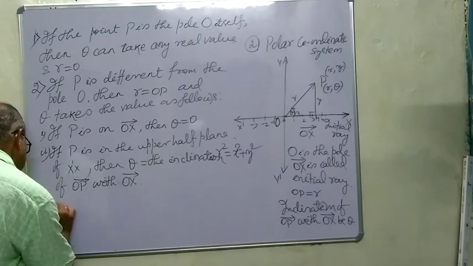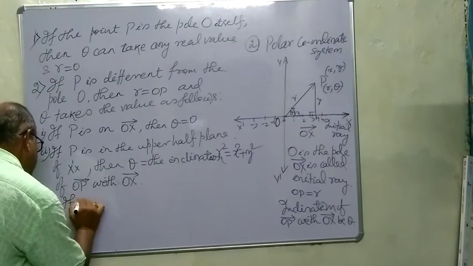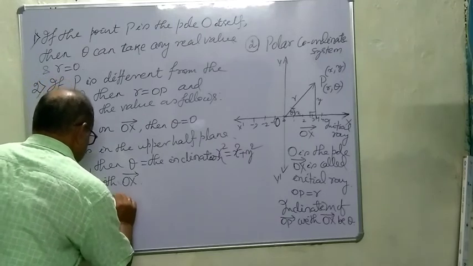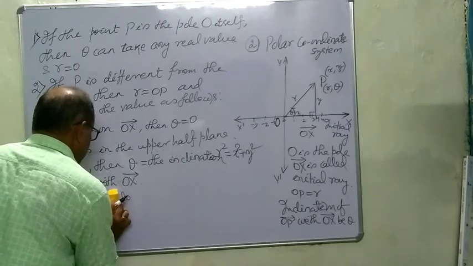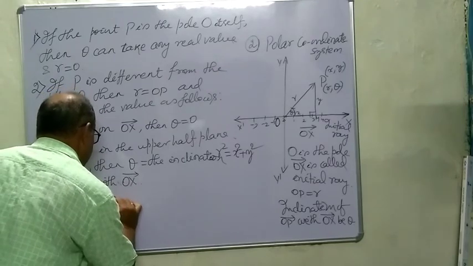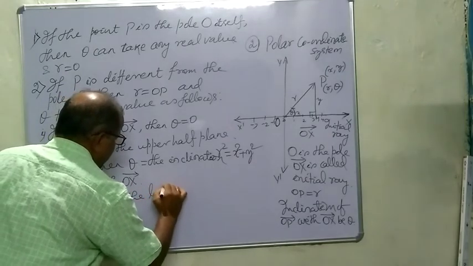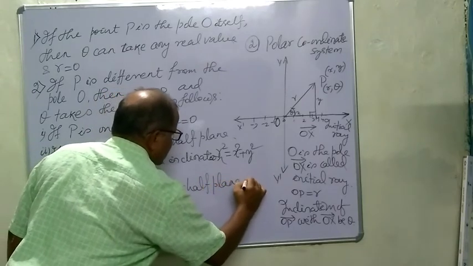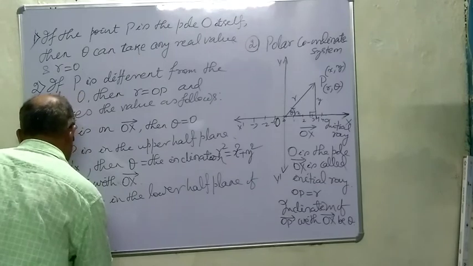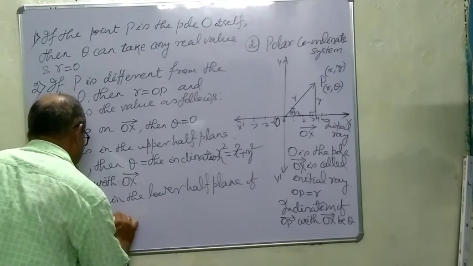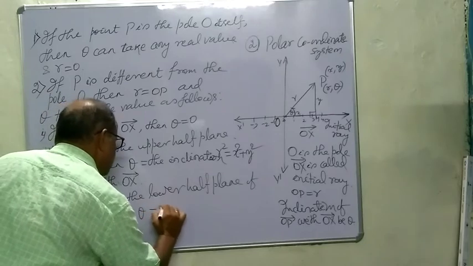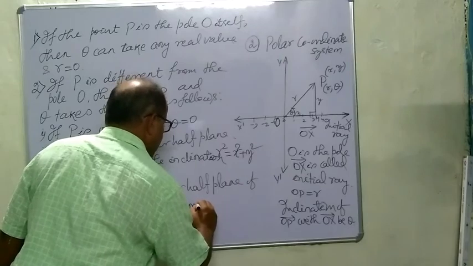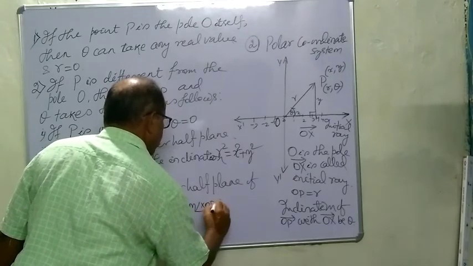Number 3, if P is in the lower half plane of X dash X, then theta is equal to 2 pi minus the measure of angle XOP.